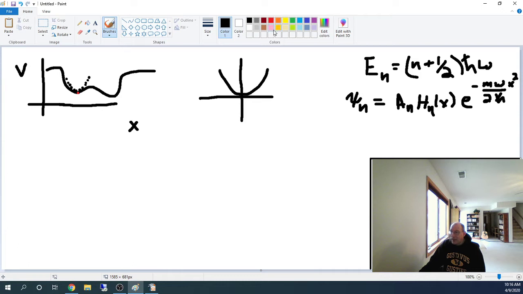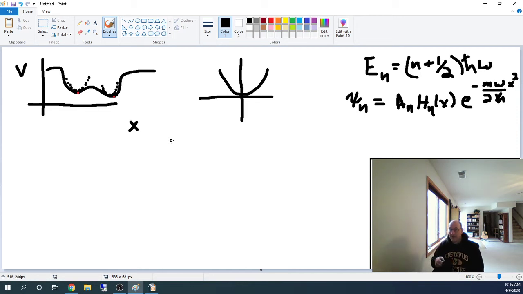I could do the same thing here as well. Near the bottom of that particular potential energy minimum, like right there, that function is at least approximated by the harmonic oscillator potential, which is valuable.